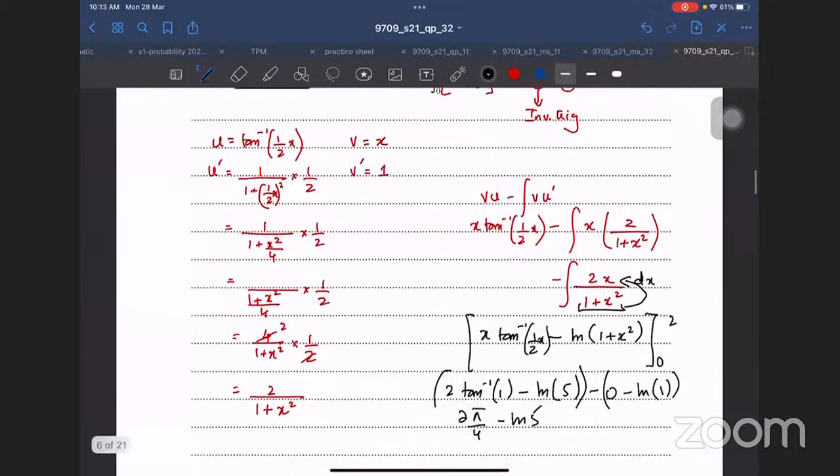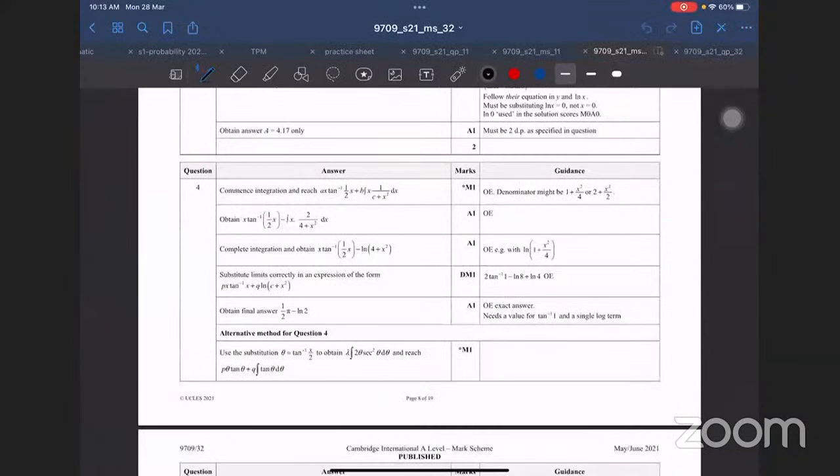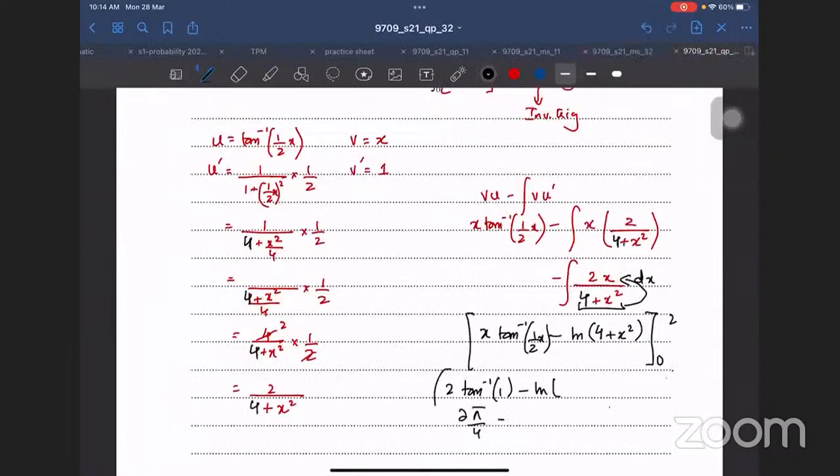Okay, sorry, this is 4 plus x squared. So ln 4 plus 4, that becomes 8, and the other term actually is there, minus 0 minus ln 4.